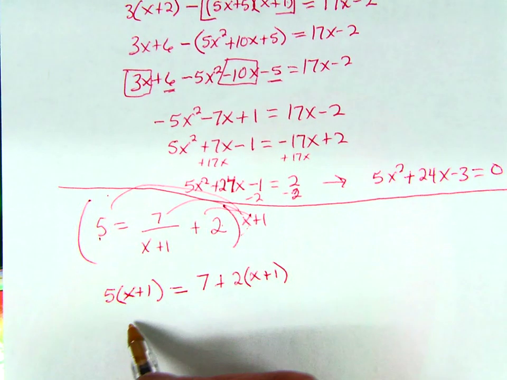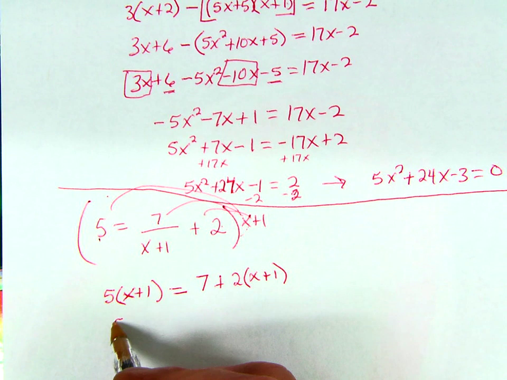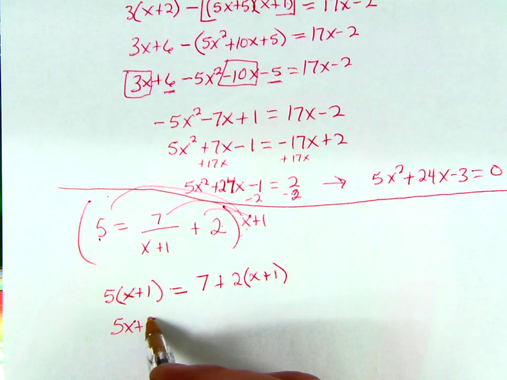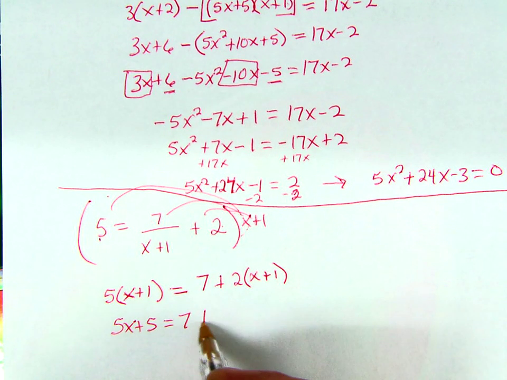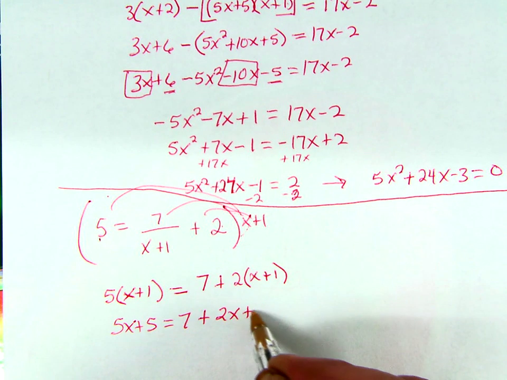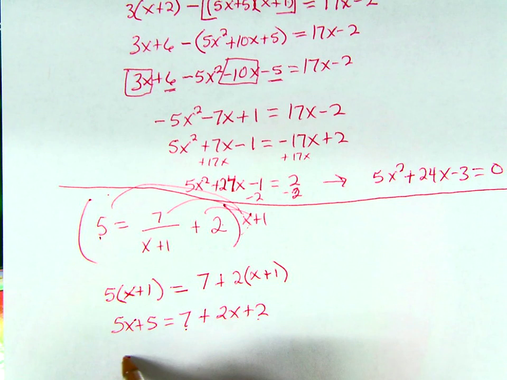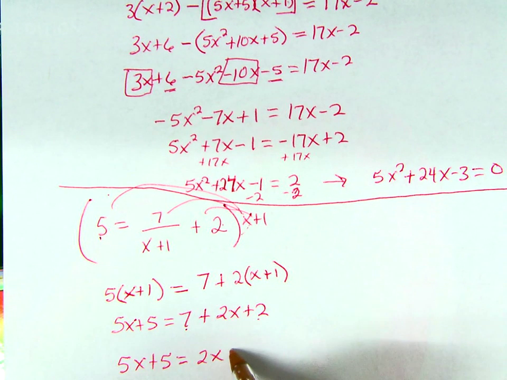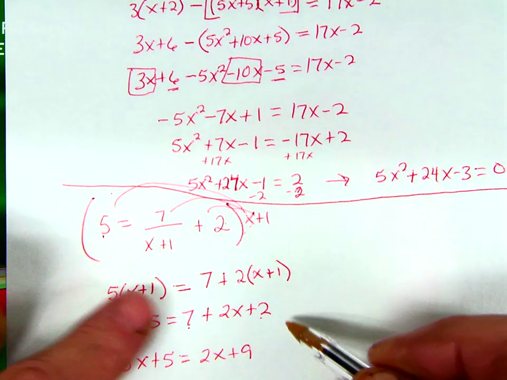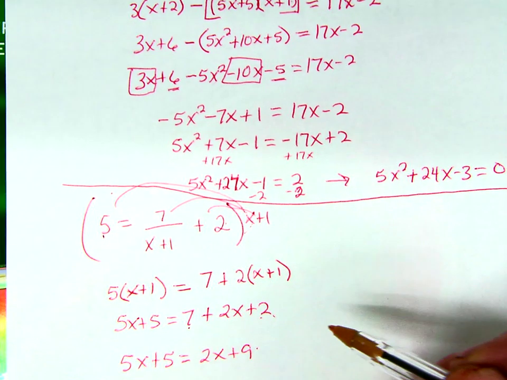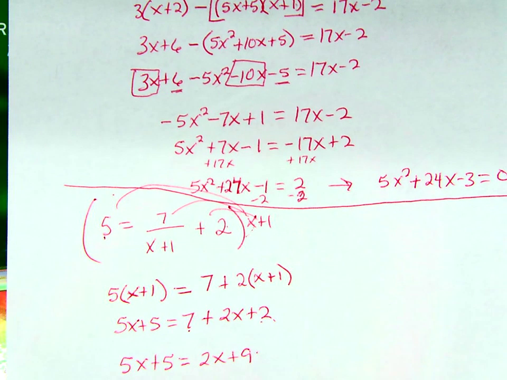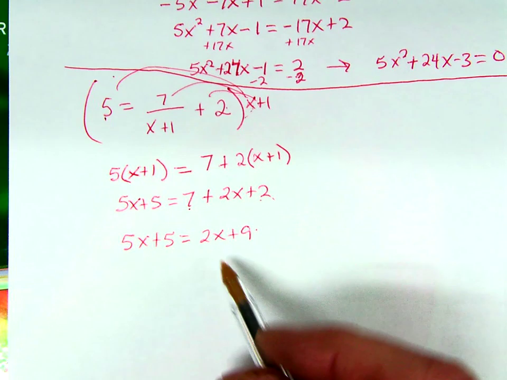So let's see here. 5x plus 5 equals 7 plus 2x plus 2. Combine like terms. 5x plus 5 equals 2x plus 9. Because 7 plus 2 is 9. Move all the x's to the same side.